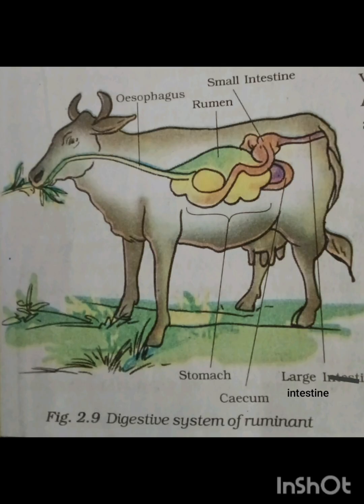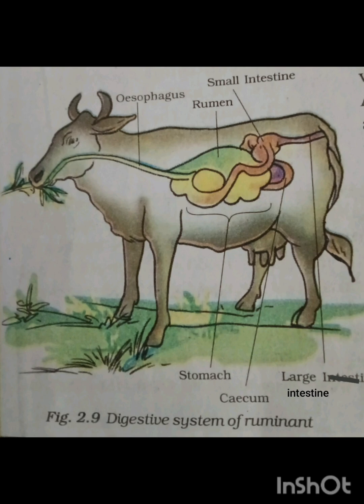When the animal is resting, the cud is brought back into the mouth in small quantities and the animal chews it further. This is called chewing the cud. Understand? This helps in the digestion of cellulose. Animals with a rumen are called ruminants.